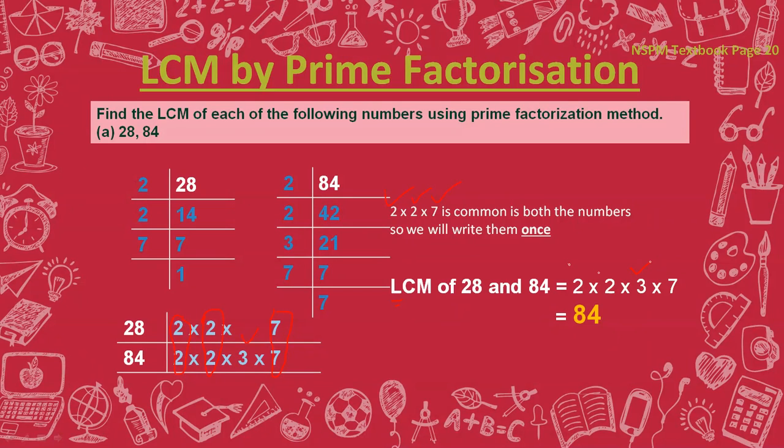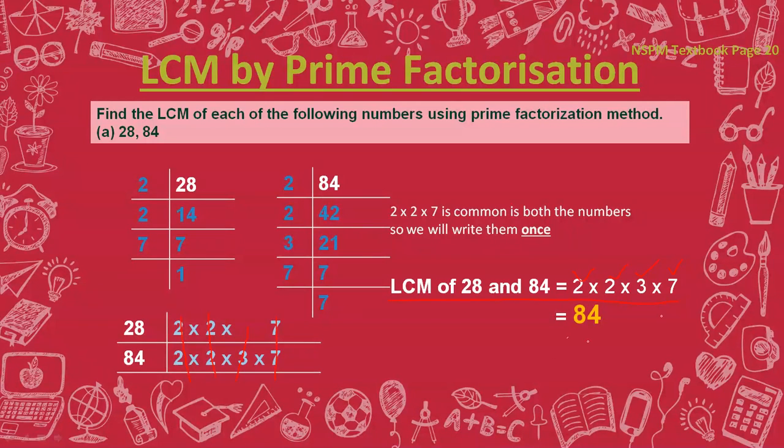We are considering them only one time. Because 2 is in both the numbers, we are considering it once. Look here, 3 is not here, but we have to consider it. I'm writing 3 here. Now 7 I have done. Yes. So these are the LCM factors for 28 and 84.